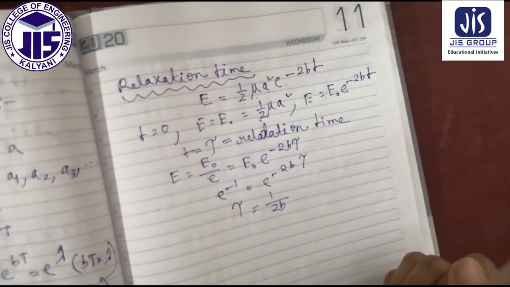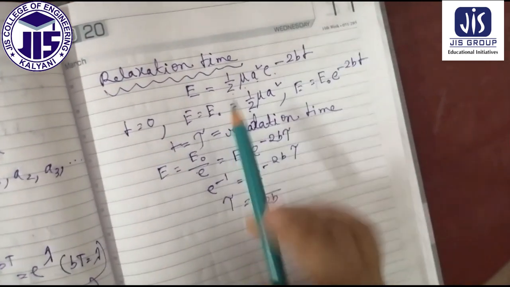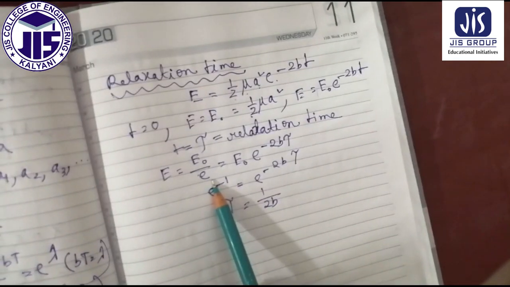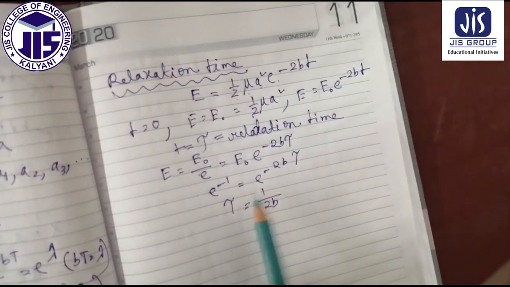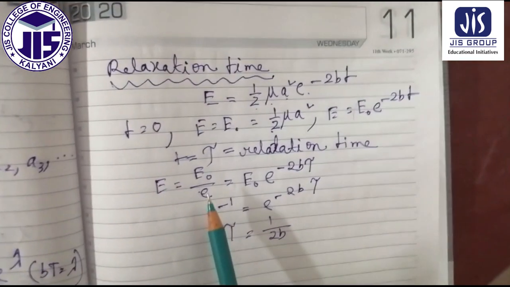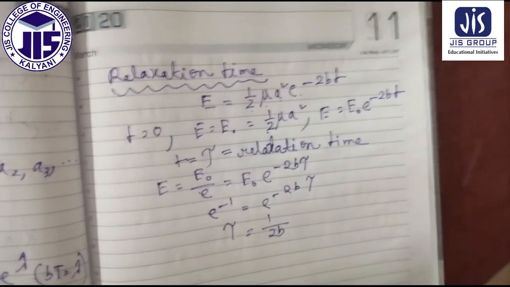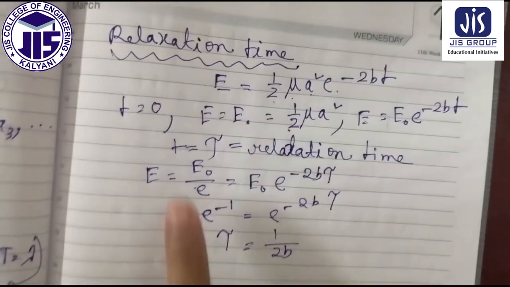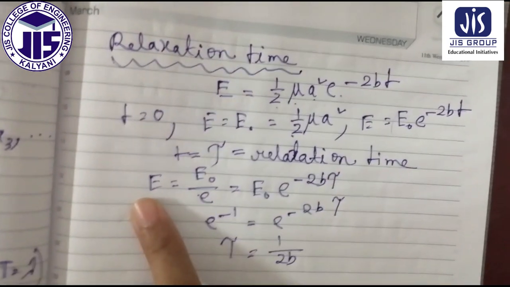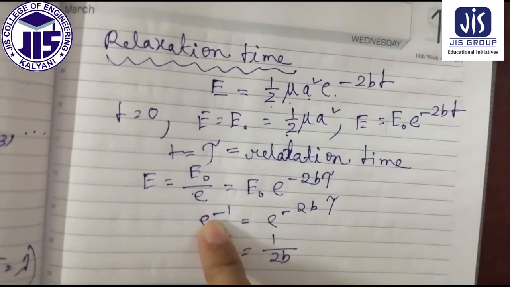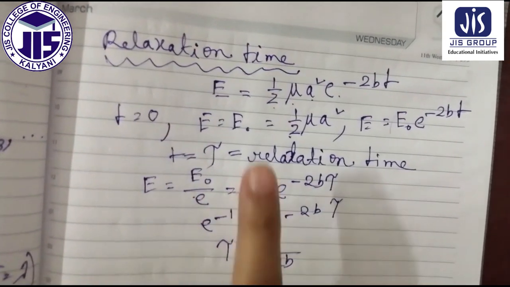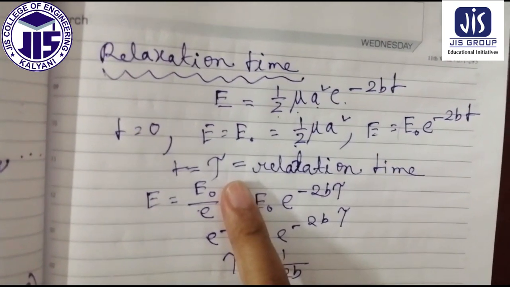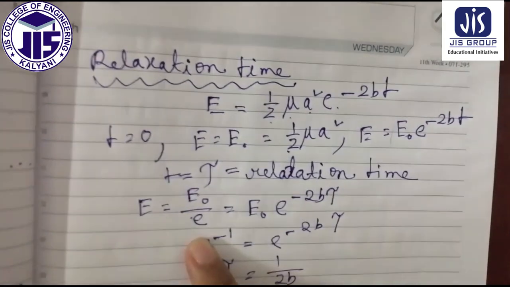Now how can we write it? Relaxation time is that time for which the energy becomes 1 by e of its initial value. If E0 is the initial value, then at the relaxation time tau, the energy becomes 1 by e of its initial value.